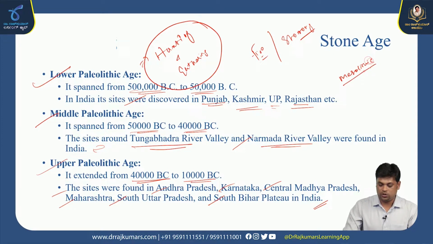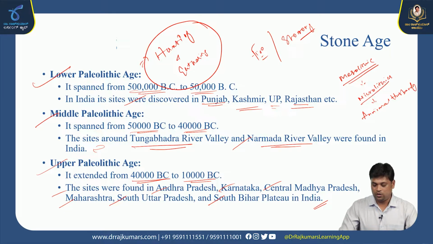In this Mesolithic stone age, the tools made of stone are known as microlithics, and their occupation is animal husbandry.